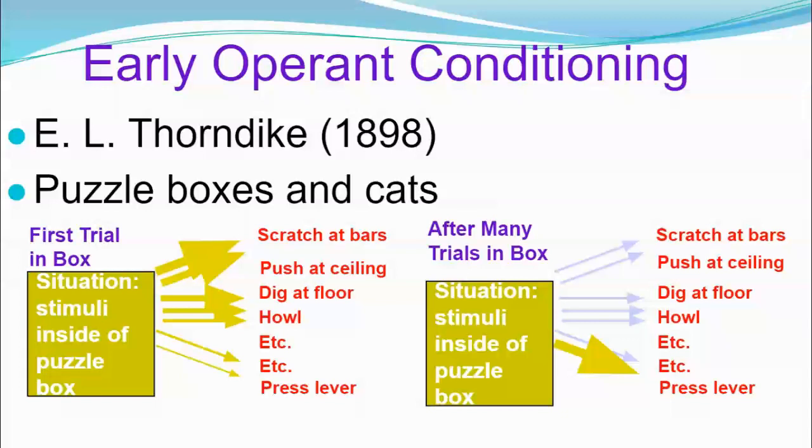After many trials, the cat continued to push at the ceiling, dig at the floor, howl, but eventually it would get to the thing that would actually release it, which was to press the lever. The cat wasn't very smart in that it didn't figure out to just press the lever, but it knew that one of those things would get it out. It would give it a reward.